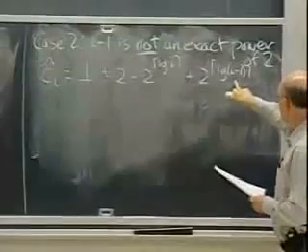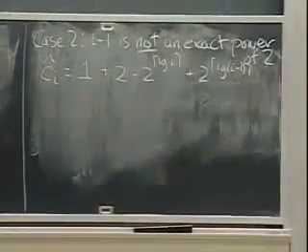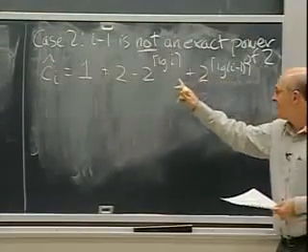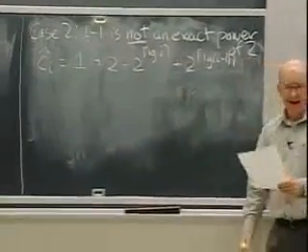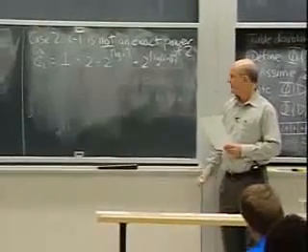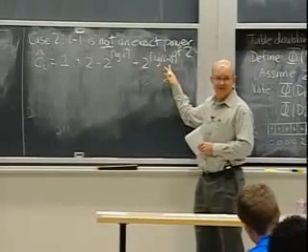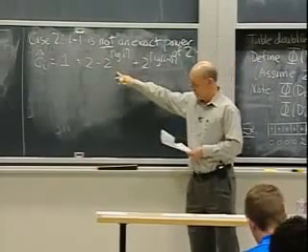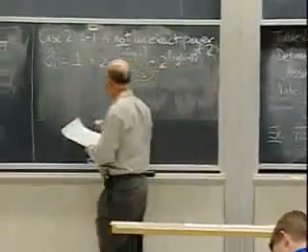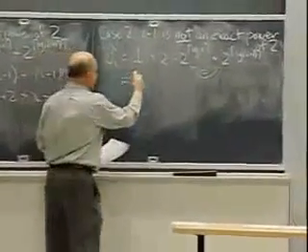Now what can somebody tell me about these two terms in the case where I minus 1 is not an exact power of 2? They are equal. Why is that? Yeah, the ceiling is going to do the same thing to both. Going to take it up to the same integer. So these two things are equal, which means this is equal to 3.